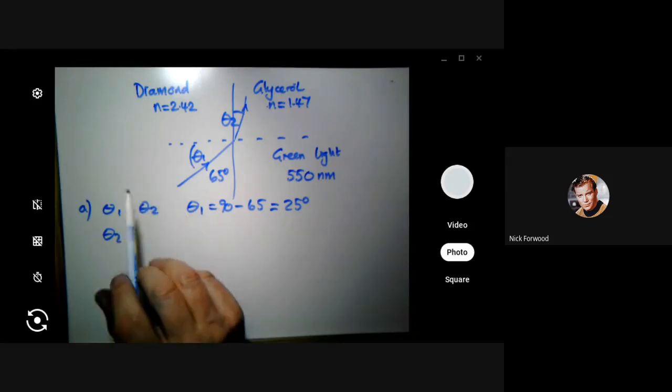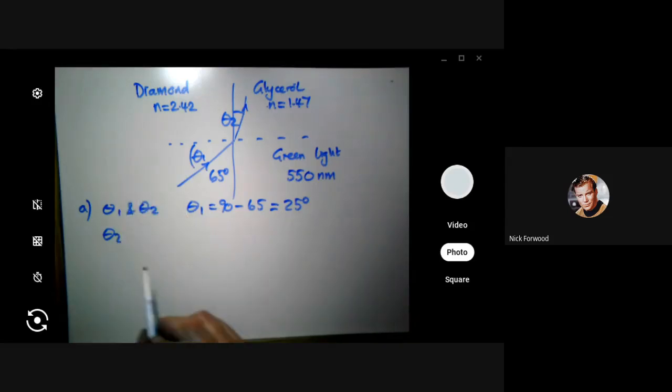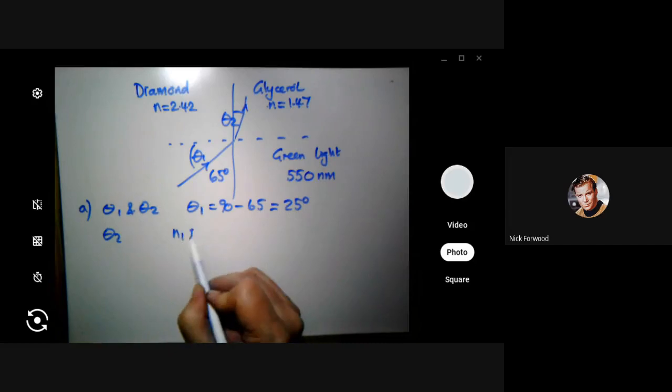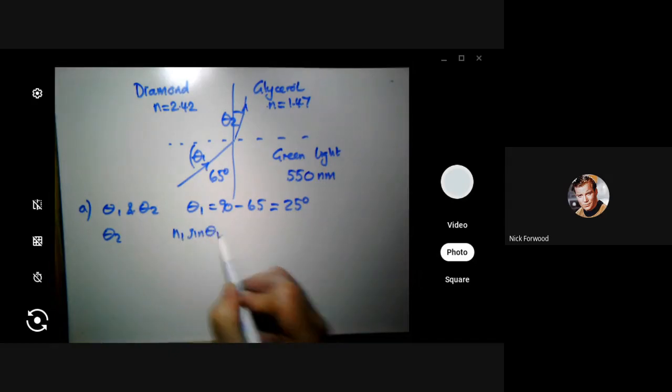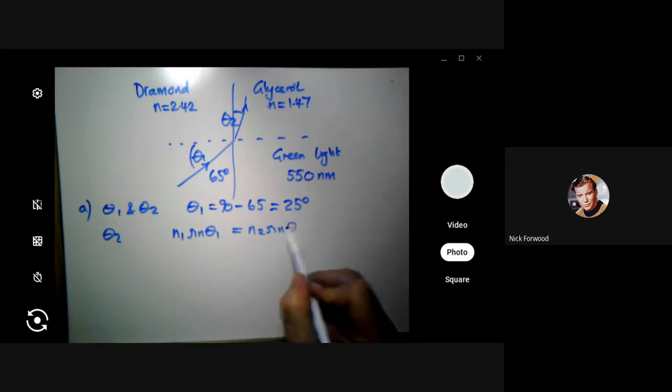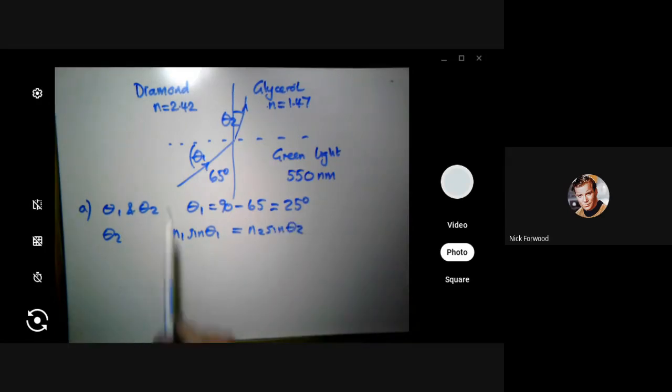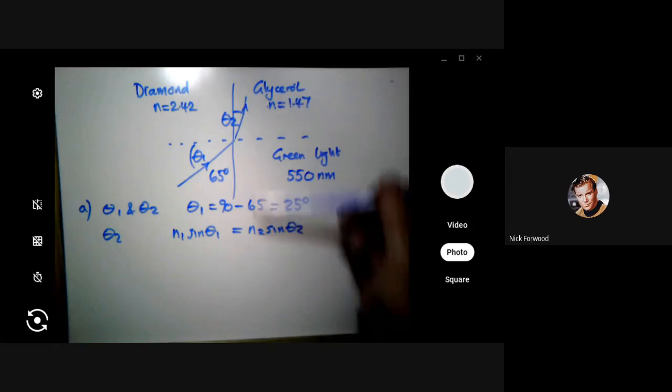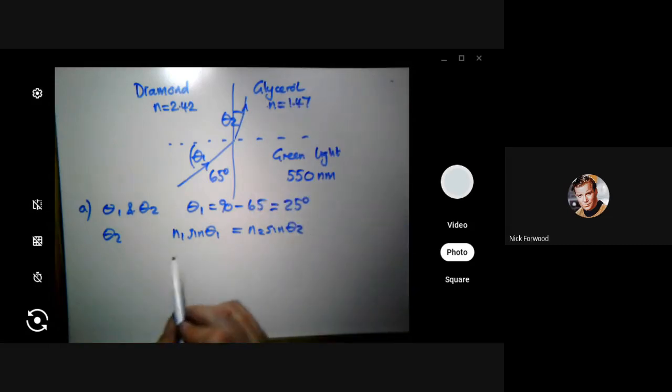We're going to have to use the double formula where n1 sine theta 1 is equal to n2 sine theta 2. See what I've done there? All the information from the diamond is on the left, and all the information for glycerol is going to go on the right.